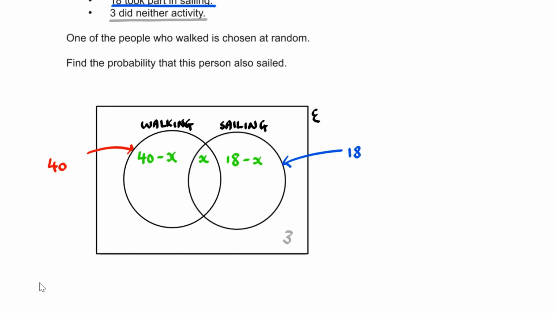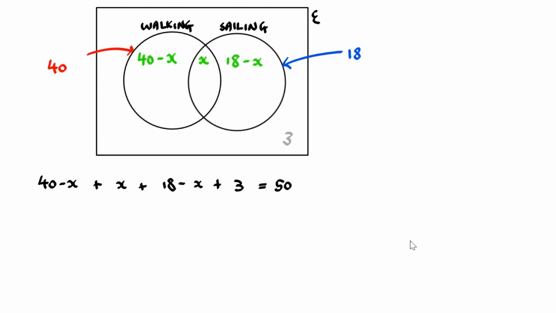So we have 40 minus x plus 18 minus x plus the 3 equals 50. So tidying all this up, we've got 40 plus 18 plus 3, that's 61. So we've got 61 minus x equals 50, and therefore x is equal to 11.